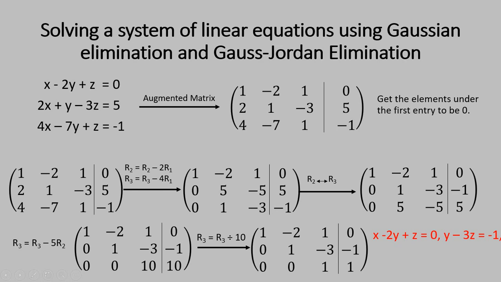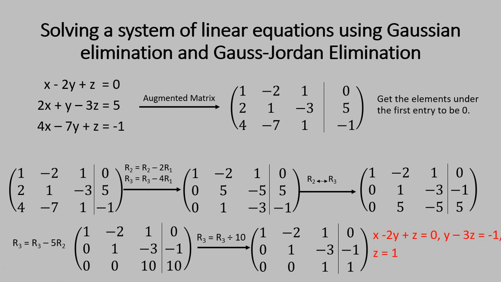The second equation: 0x, so that's a 0, we don't have any x here. Then 1y, which is just y, minus 3z is equal to negative 1. That's the second equation. And the third equation, we don't have any x, we don't have any y, so it's just 1z, which is z, is equal to 1.